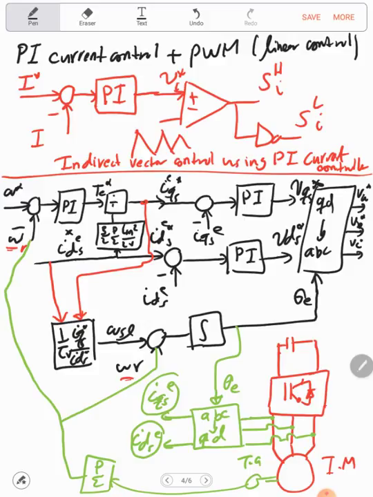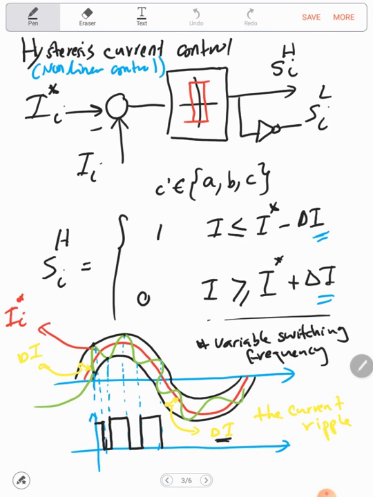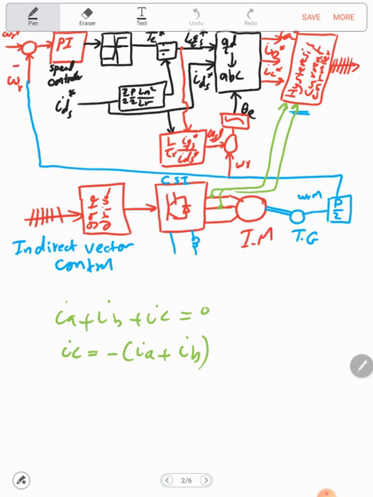So we need the stator component of the flux in order to calculate the torque component of the stator current. This is also the case if we are using hysteresis current control. In order to build the current references, we need the IQS reference and the IDS reference.